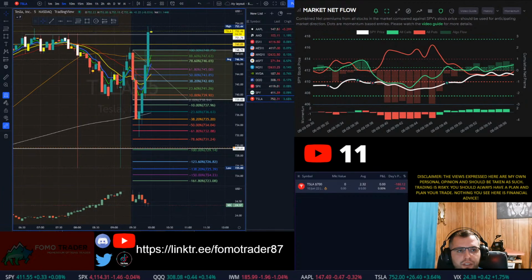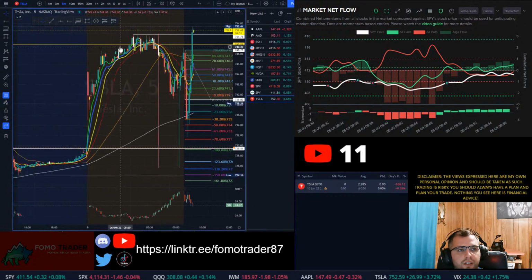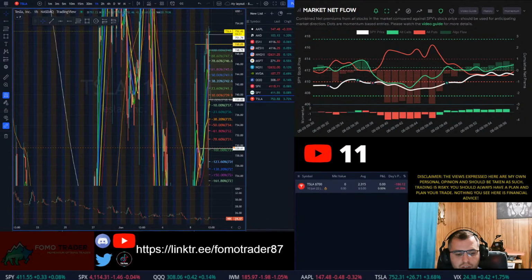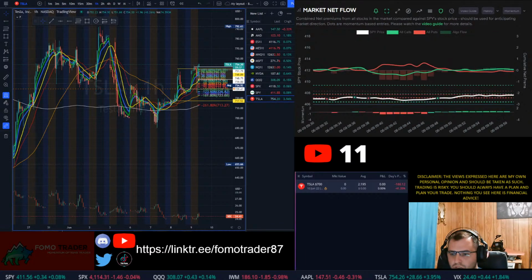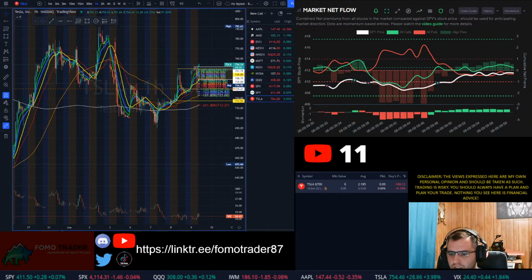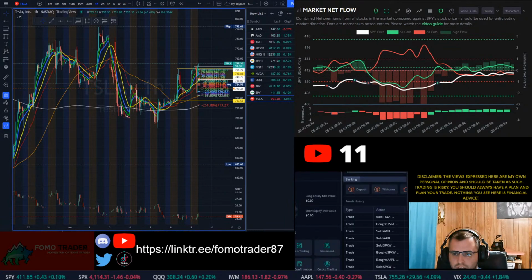So that candle just closed on Tesla. So if we go to the hourly, we have a gap up situation here. I'm going to go with Tesla 780 calls.